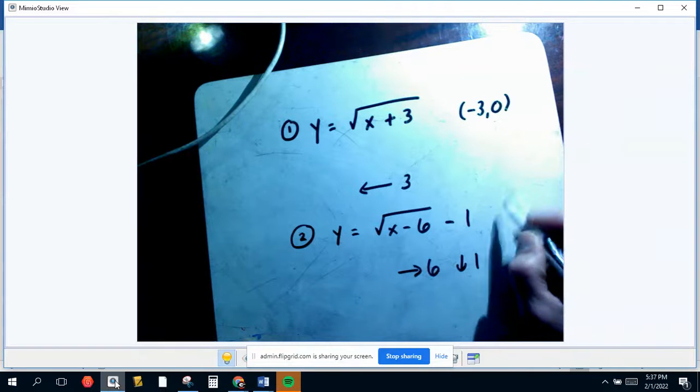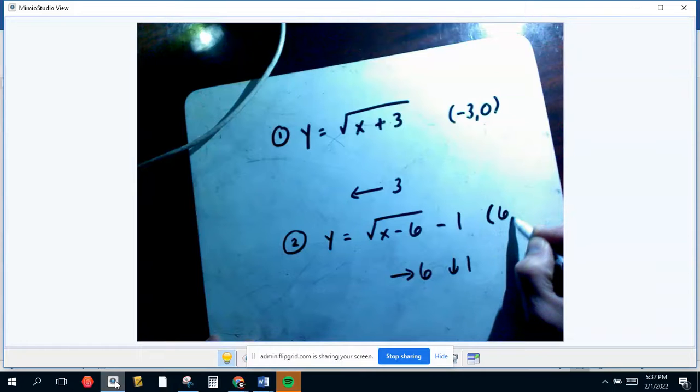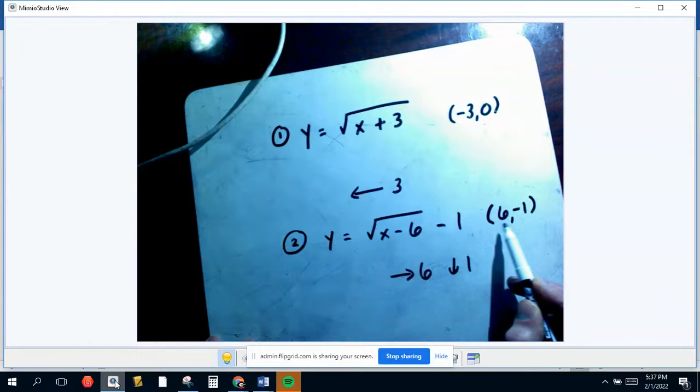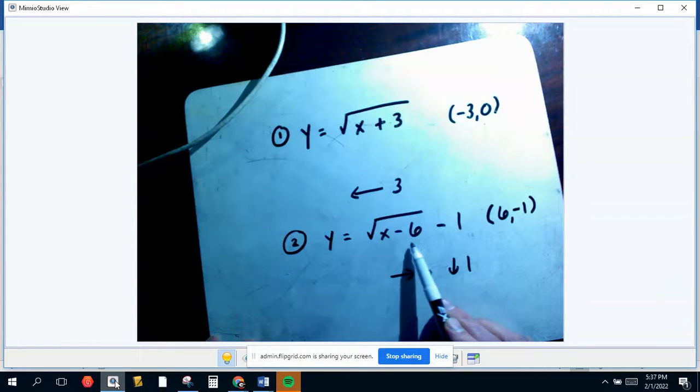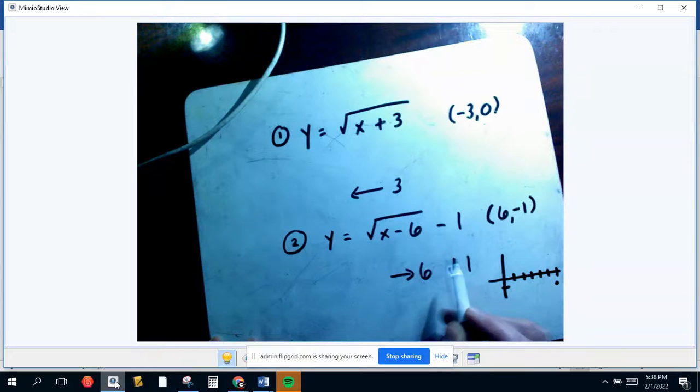But here, doing that same technique, change on the inside, but don't change on the outside, we have the point 6, -1. So naturally, if you think about a coordinate 6, -1, where's that located? Well, it's located to the right 6, down 1. Okay, so that matches what we had here.